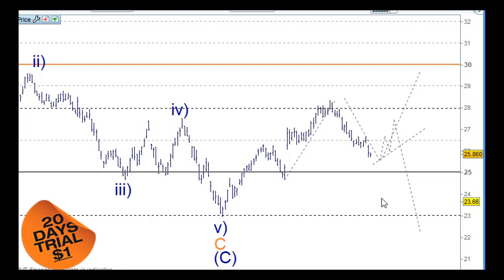So there's a little bit of work to be done, but all I'm pointing out here is that you can see that we've got 5 waves down on ANZ, and it'll be much the same with the other banks as well. So this is where the rally can come from here.